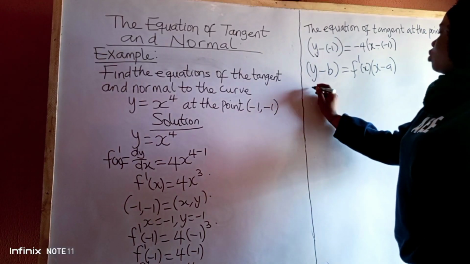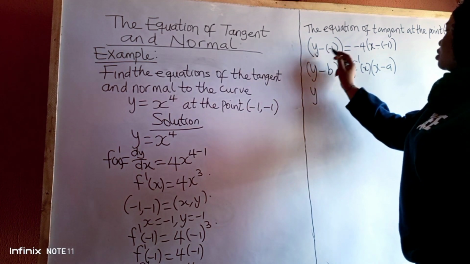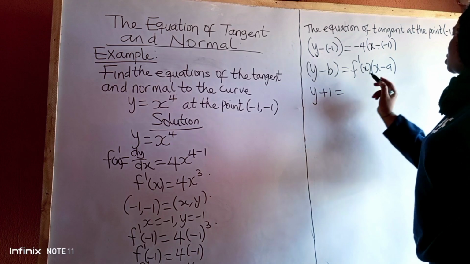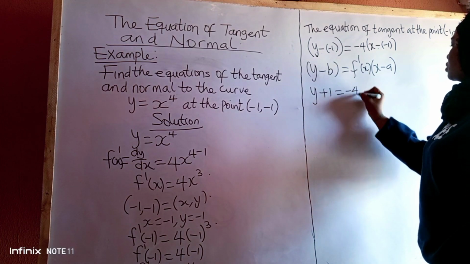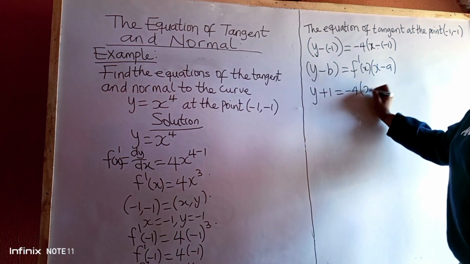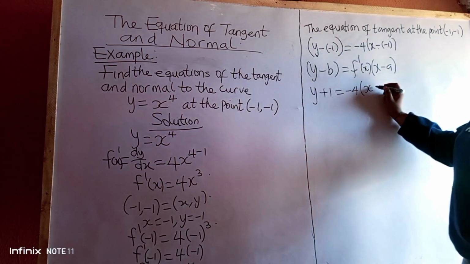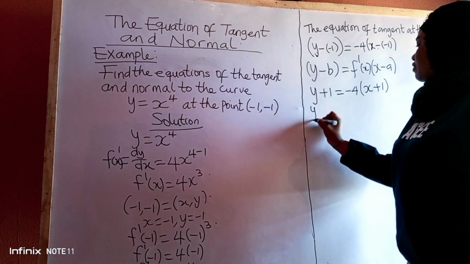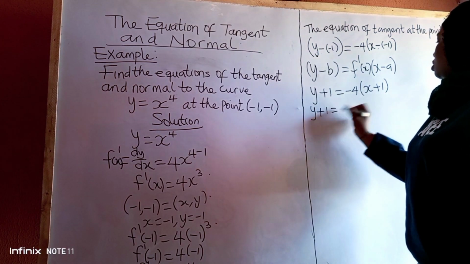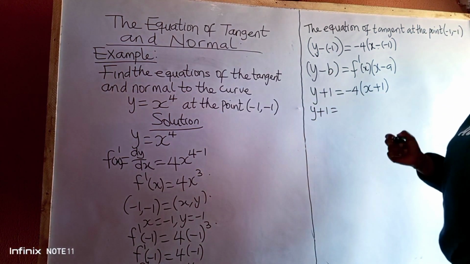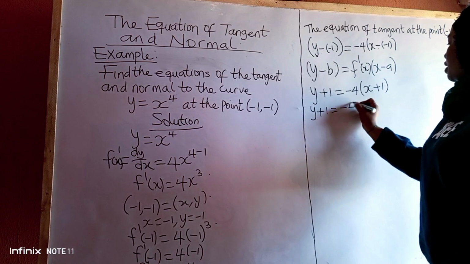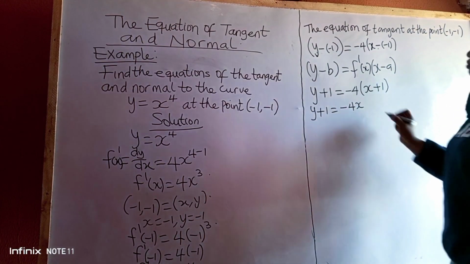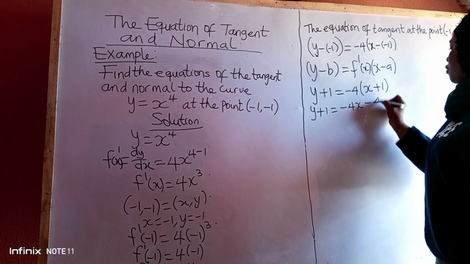So I have y minus times minus 1 gives me plus 1 is equal to minus 4 into brackets x minus times minus gives me plus, then 1. So let's simplify. Plus 1 is equal to minus 4 multiplied by x gives me minus 4x. Minus 4 multiplied by plus 1 gives me minus 4.